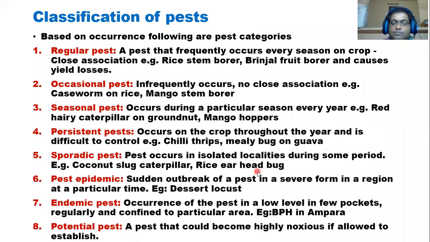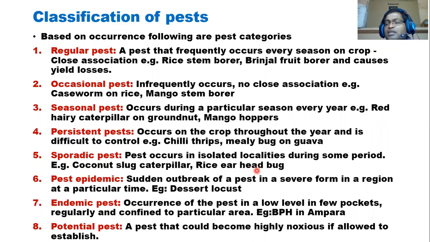Pest epidemic means a sudden outbreak of a pest in a short period of time, causing tremendous losses. One such example is the recent pest epidemic of the desert locust.